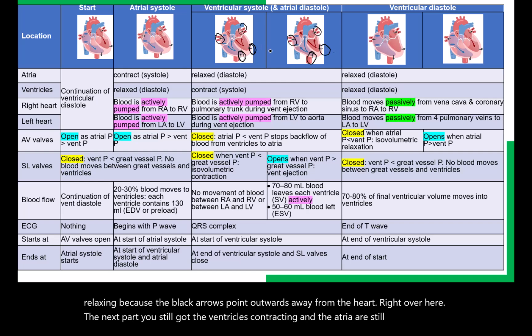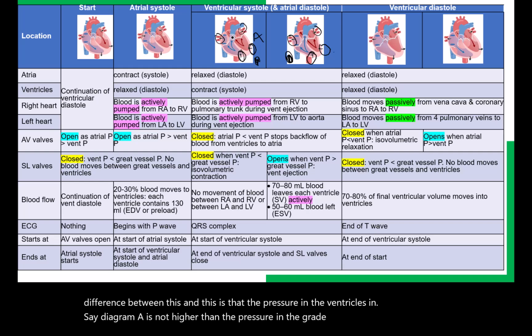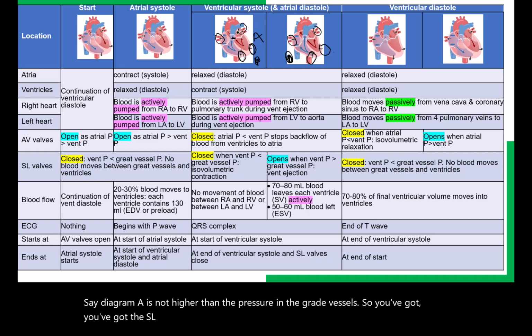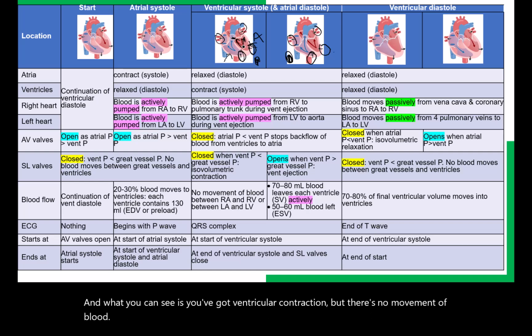The difference between this and this is that the pressure in the ventricles in, say, diagram A is not higher than the pressure in the great vessels. So you've got the SL valves over here, and you can see ventricular contraction, but there's no movement of blood out of the ventricles.